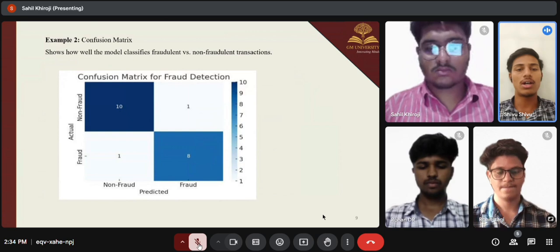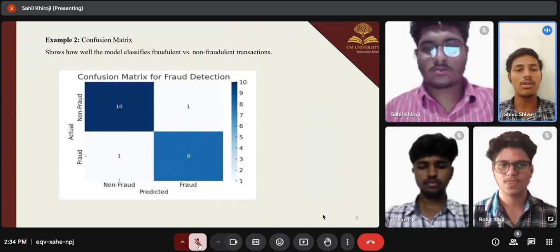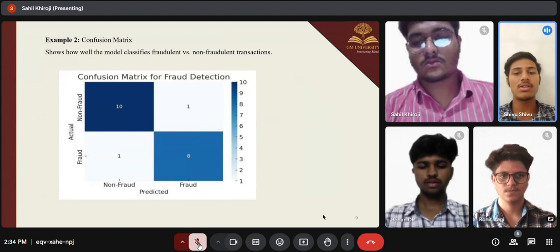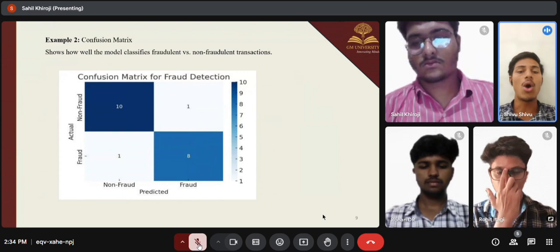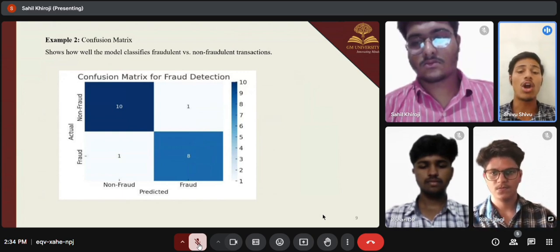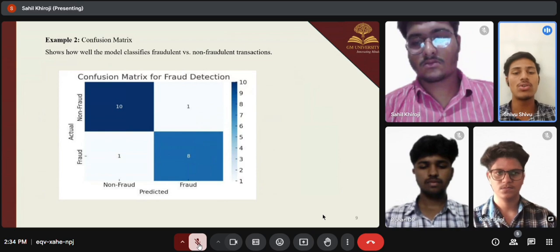So here in this slide, it is an example of a confusion matrix for fraud detection. This slide represents a confusion matrix, a crucial evaluation tool in machine learning used to assess how well our fraud detection model distinguishes between fraudulent and non-fraudulent transactions. The matrix compares actual values against predicted values.